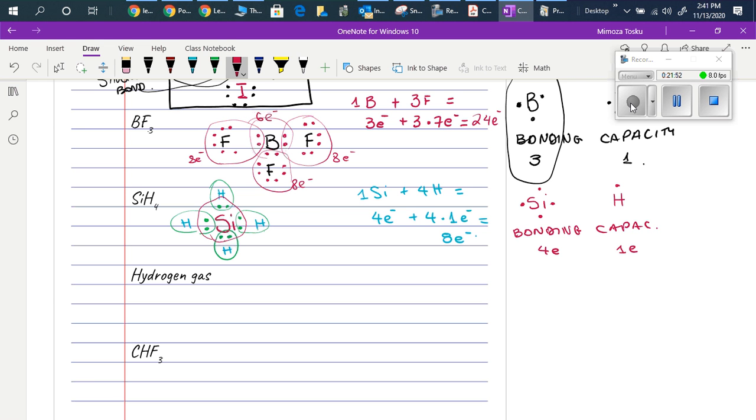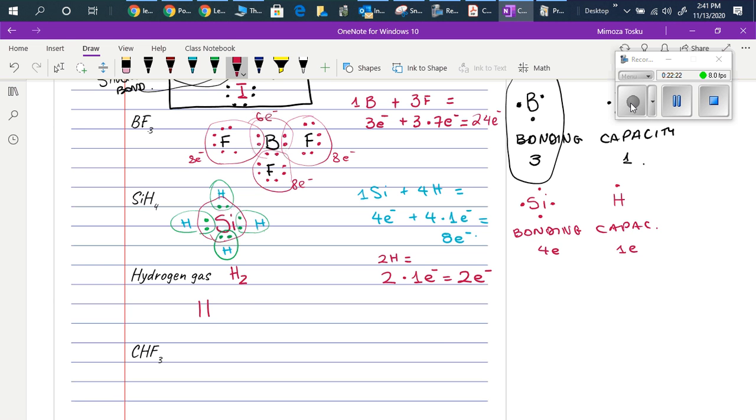Let's move now to hydrogen gas. The formula for hydrogen gas is H2. In this case, we do not have a central atom because they have the same bonding capacity. However, the total number of electrons, since we have 2 hydrogens, is 2 times 1 electron, equal to 2 electrons.